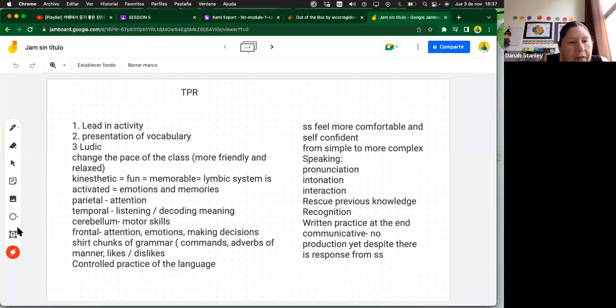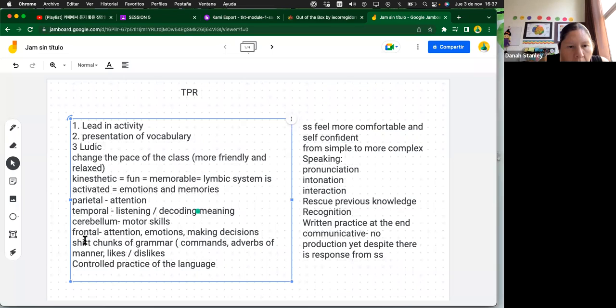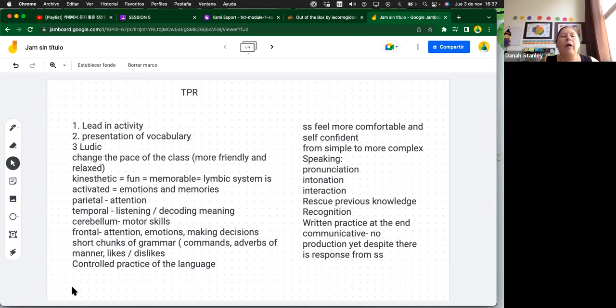In this case, we are working with short chunks of grammar. They are not very long sentences. They are not paragraphs. They are not long pieces of listening.